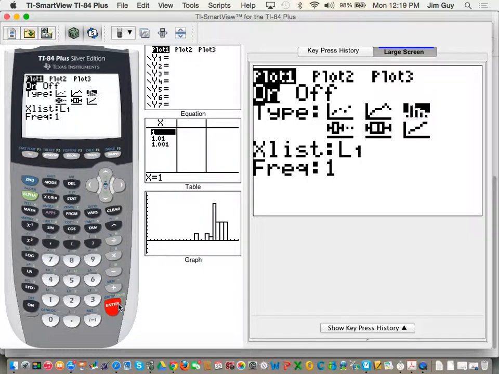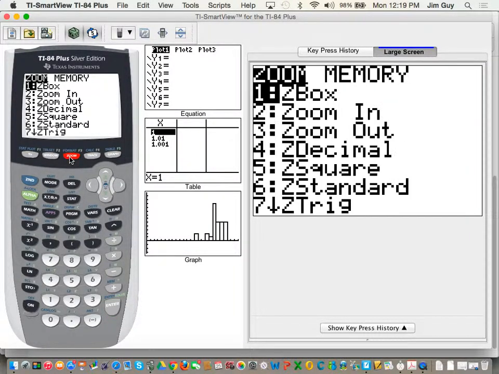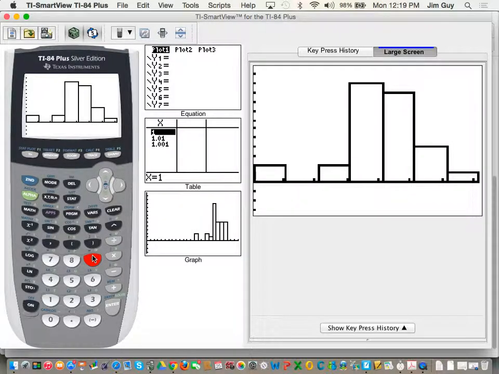You're always going to keep that 1. And then now to graph it, remember what you hit? You're going to go Zoom, and you're going to go ZoomStat, which is number 9. So then here's our histogram.